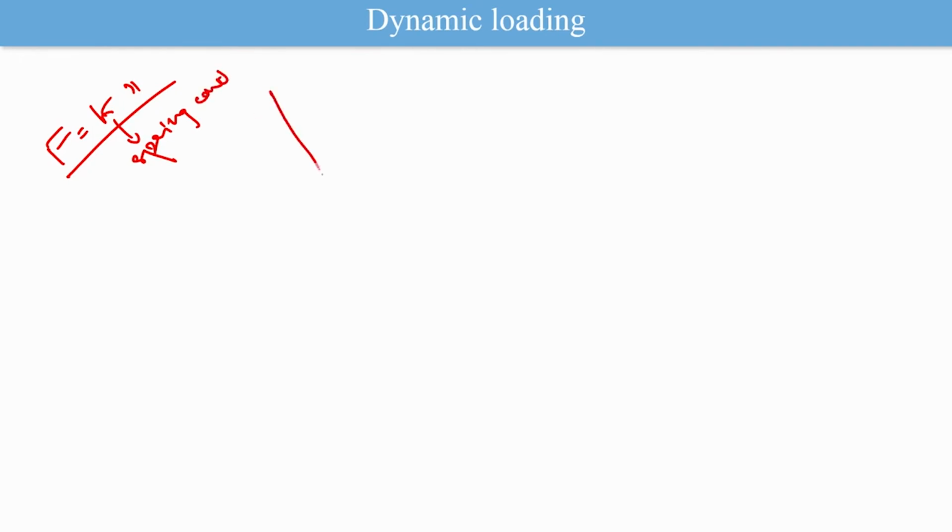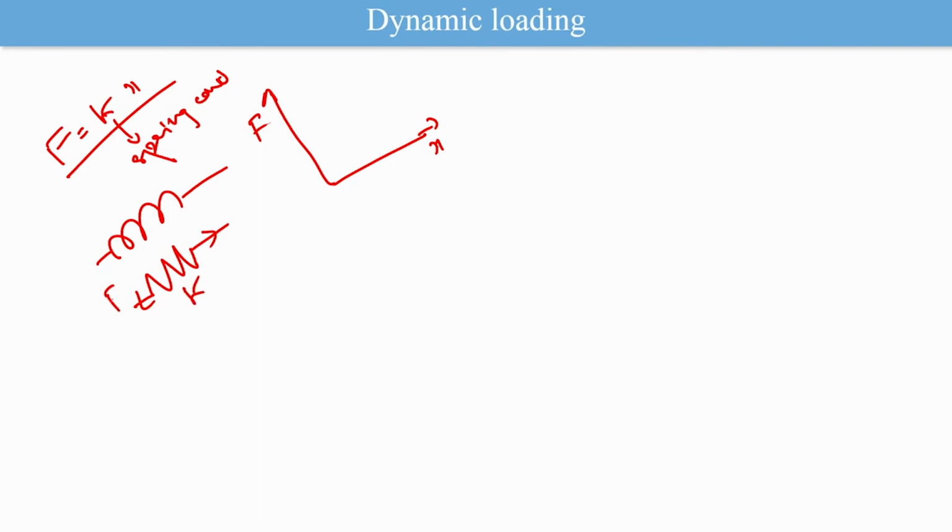When you apply a force on a spring, the spring can be better represented like this, because we are going to use that kind of terminology later on, of a stiffness k, and when you apply a force, it displaces by a distance x. So, this is basically what our expression for Hooke's law is.